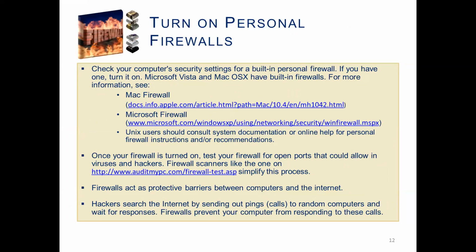Turn on personal firewall. Check your computer security settings for a built-in personal firewall. If you have one, turn it on. Microsoft Vista and Mac OS X have built-in firewalls. Firewalls act as protective barriers between computers and the internet.